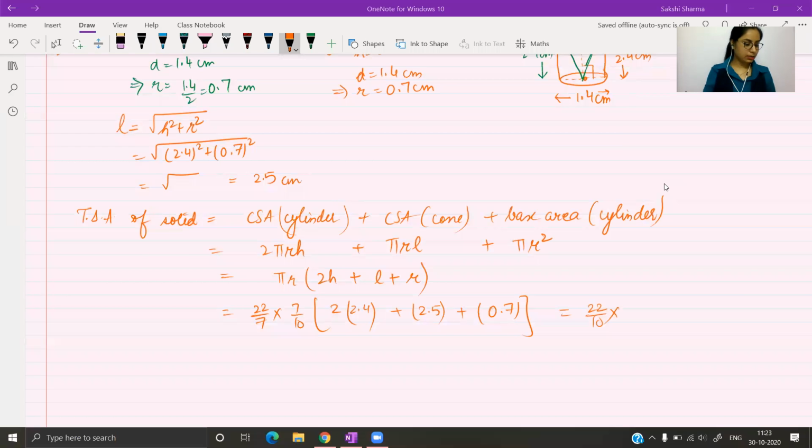So answer is 17.6 centimeters. For this, if you have done, please check.